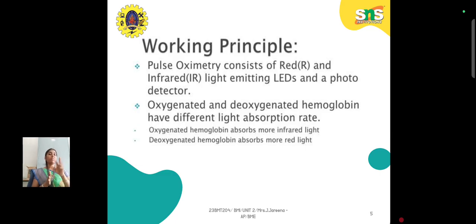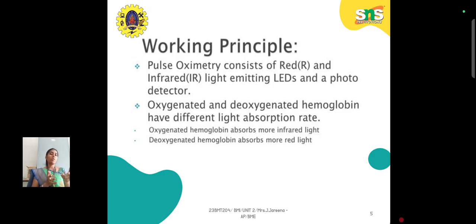That is the reason we have two lights, and whatever light is not absorbed, some amount of light will escape the absorption. Okay, so that light has to be captured by the photodetector, and only then do we come to know the level of absorption made by the oxyhemoglobin and deoxyhemoglobin.